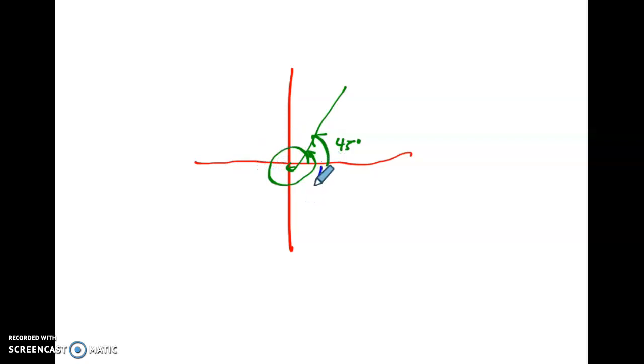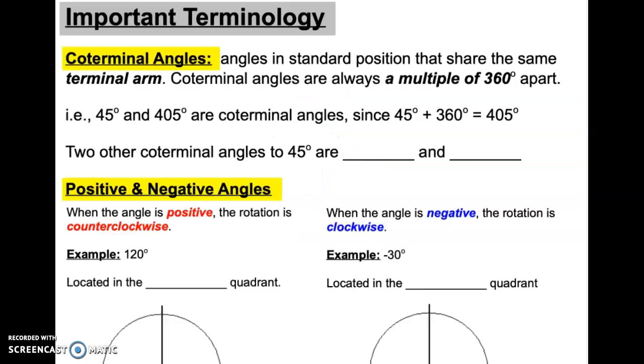Or it could go the opposite direction, so it could go 45 minus 360, and that would also be a coterminal angle. You could minus another 360 degrees, and it would take you back to this same arm. So coterminal angles are called coterminal angles because they share the same terminal arm. So for example, 45 and 405 are coterminal angles because they're exactly 360 degrees apart.